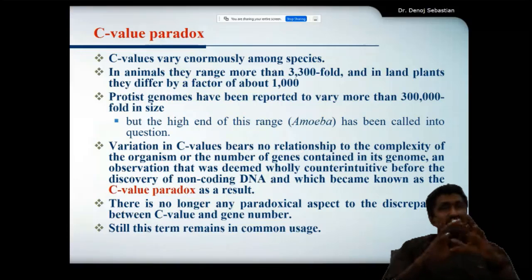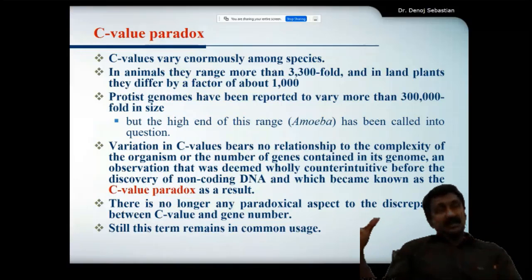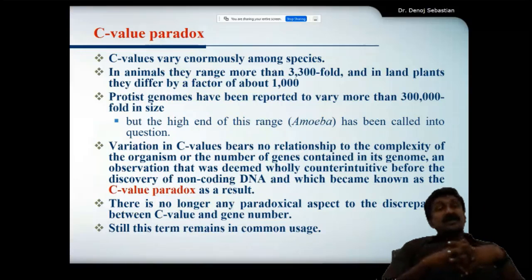This is against the normal assumption that there is a direct relationship between the gene content or genome size and the biological complexity of the organism. It was normally expected, but it is not the case. And this is known as the paradoxical effect, the C value paradox.